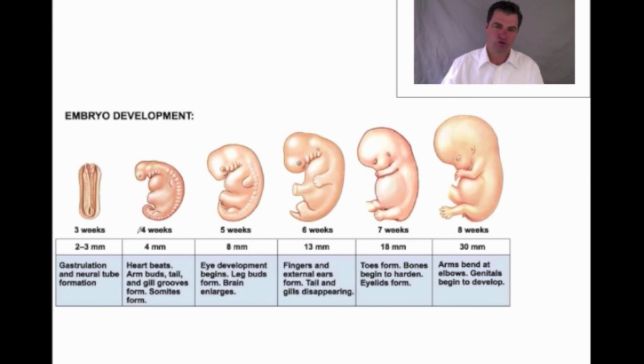So before the baby is born, this is what it looks like at, say, 3 weeks into fertilization, and then 4 weeks and 5 weeks, 6 weeks, 7 weeks, 8 weeks.